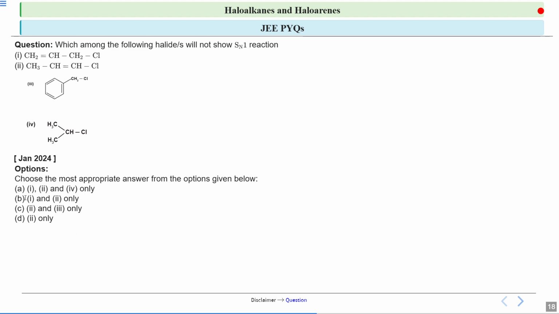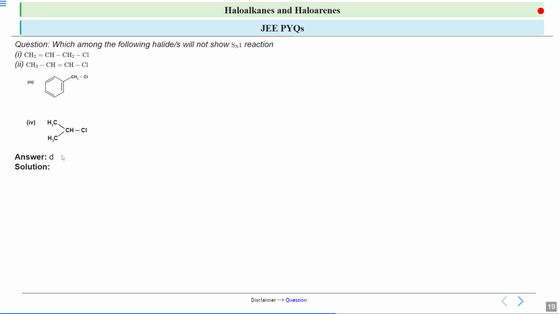The options are: first, second and fourth molecule only; first and second molecule only; second and third molecules only; or second molecule only. So the correct answer for this question is option D.